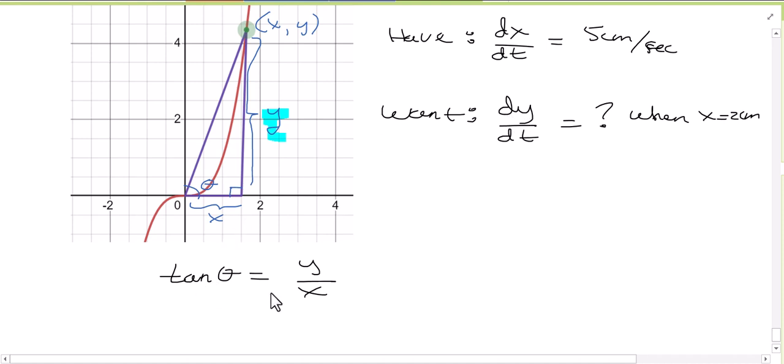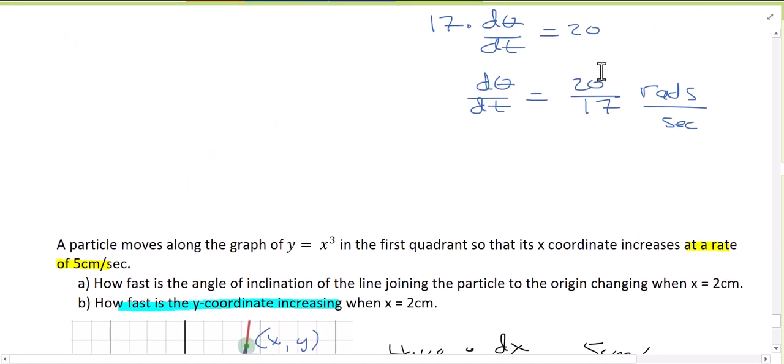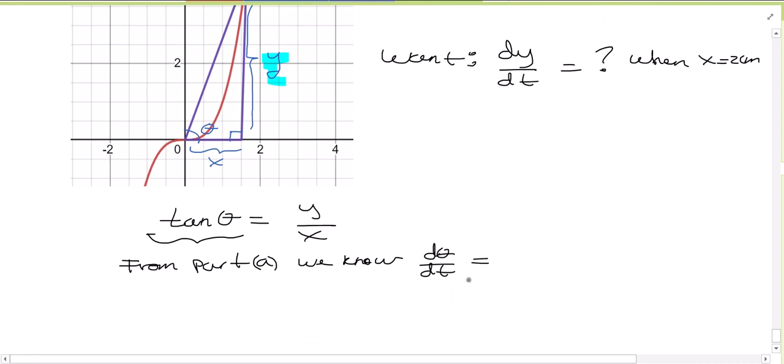So I actually have a bit of a problem here because I have theta and we can't really get rid of theta, but we're going to deal with this because we have information from it from part A. From part A, we know d theta dt. What was it? We found it to be 20 over 17 radians per second.